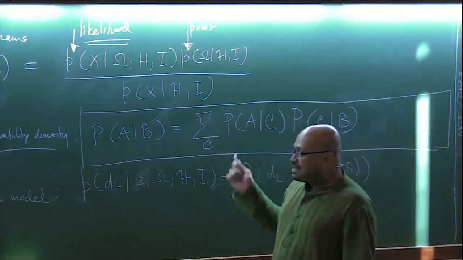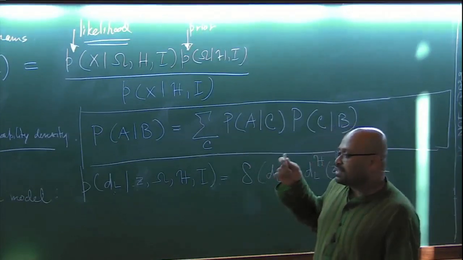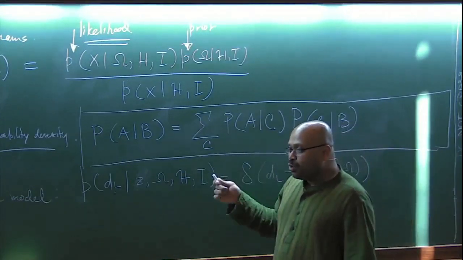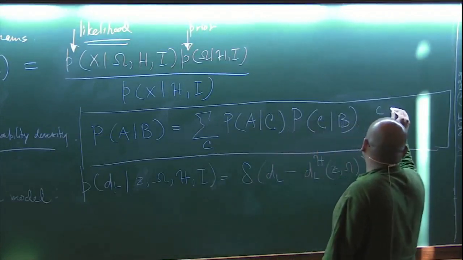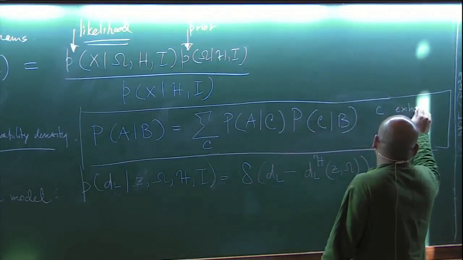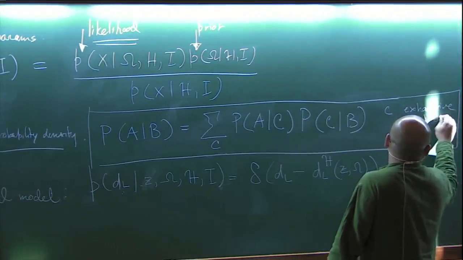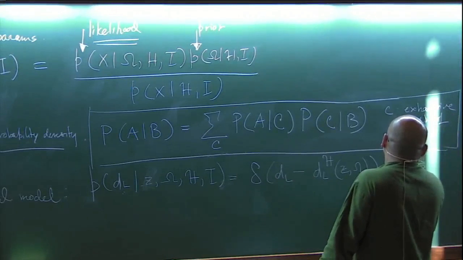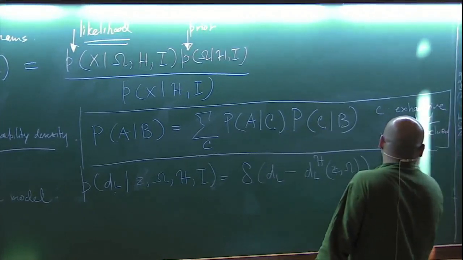So C is a set such that one of the C's has to be true and only one of the C's is true. So C is an exhaustive set of mutually exclusive events.